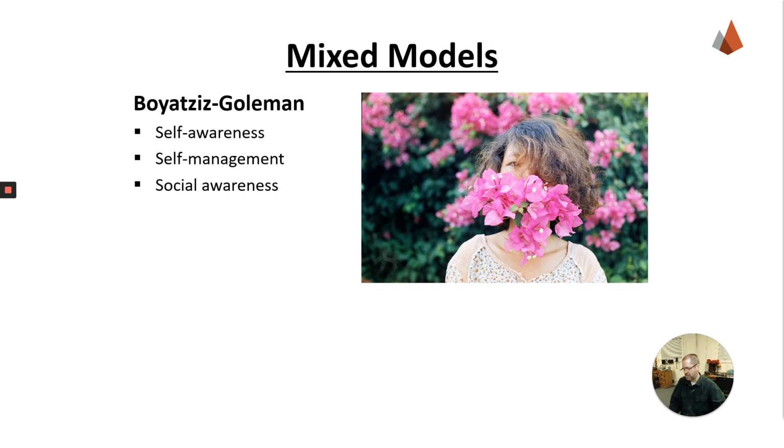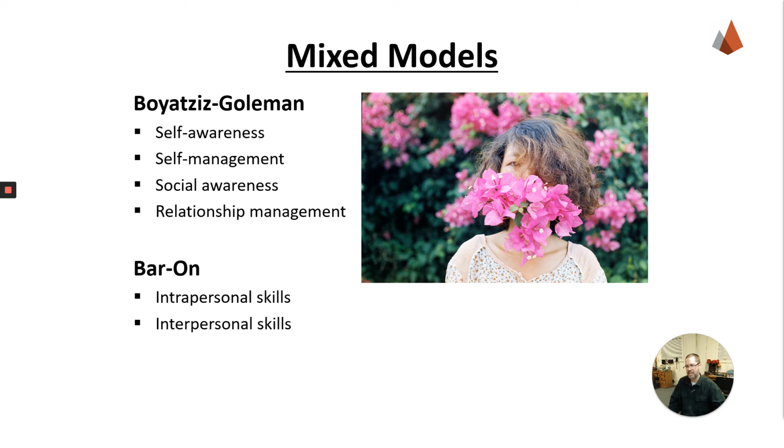Self-awareness, self-management, social awareness, relationship management, and the Bar-On model. So mixed in the sense of self-awareness, self-management, social awareness, relationship management. The Bar-On model: intrapersonal skills, interpersonal skills, adaptability, and mood.